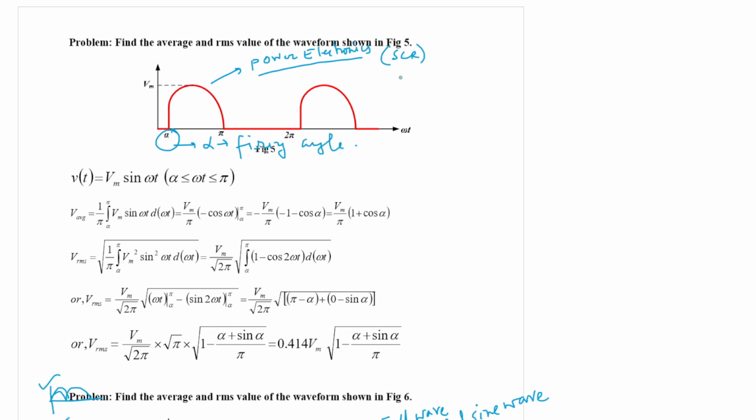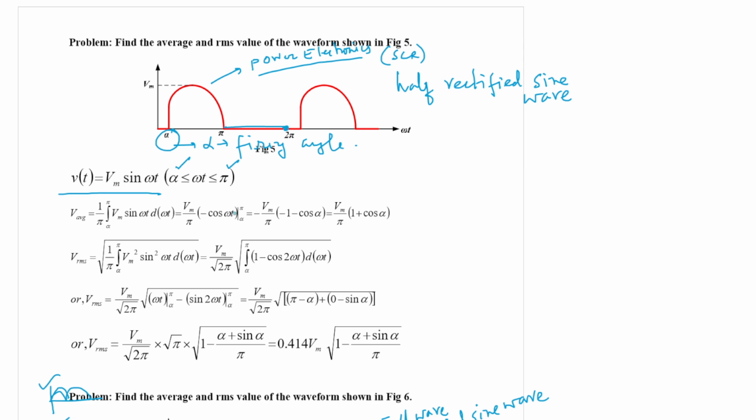It is a half rectified sine wave. So we can represent this wave as Vm sine omega t. The existence of the wave starts from alpha and it ends at pi. From pi to 2 pi it does not exist, so it is not required to write.